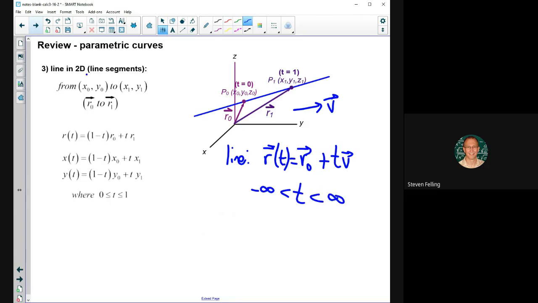If instead we want to parameterize just a line segment, then we have t just go from 0 to 1, and we have a little bit different structure, right? We have that the position vector, r, is 1 minus the parameter t times the initial position vector plus the parameter times the position vector to the end.